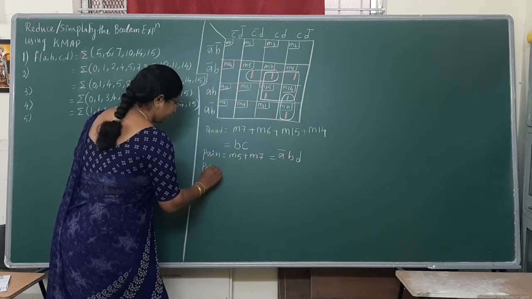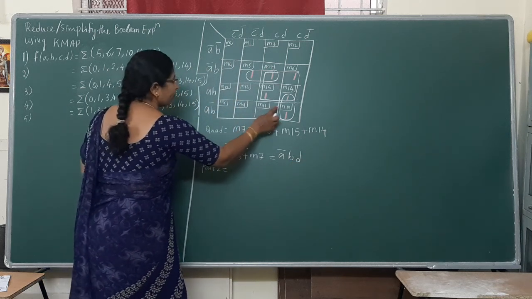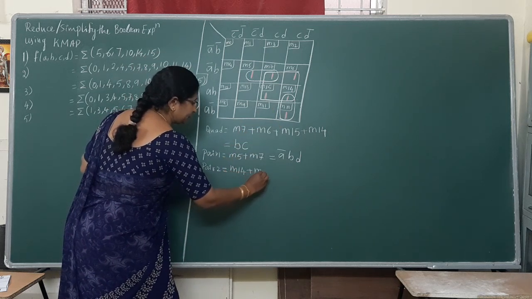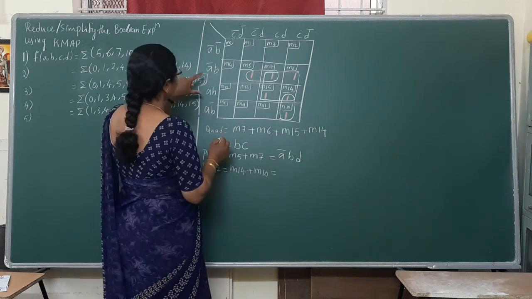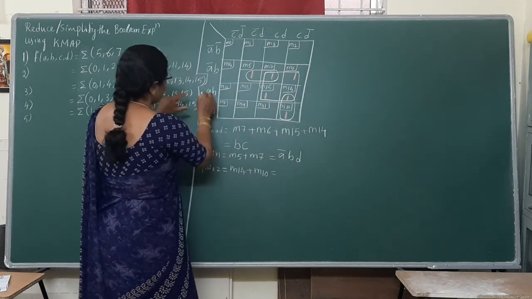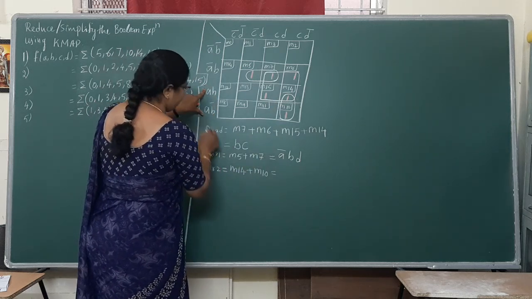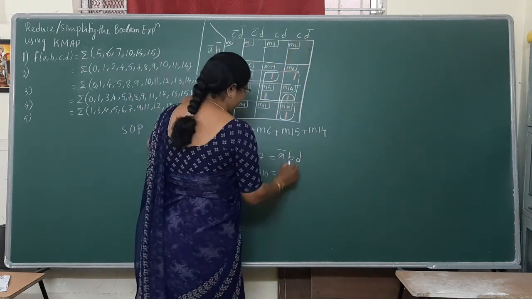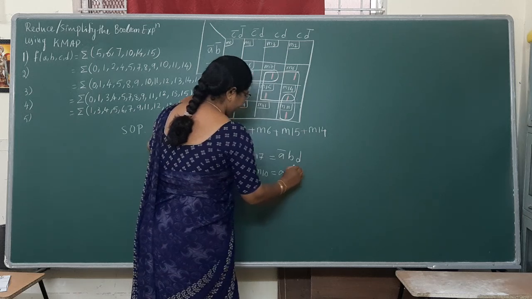Then pair 2. What is pair 2? M14 and M10. Here, among these two, what is the common variable? A is the common variable. Column C and D complement.